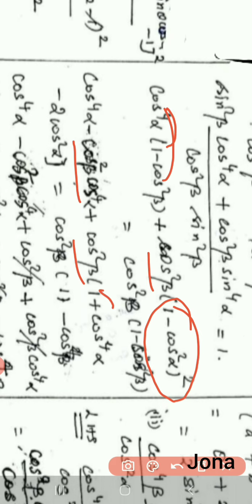So here a square, this is b square, and this is 2ab term equal to this much. Even here also I want to write like this, multiply and write this. Okay, and then again I want to multiply, remove the brackets here also. Okay, so that I got these terms.